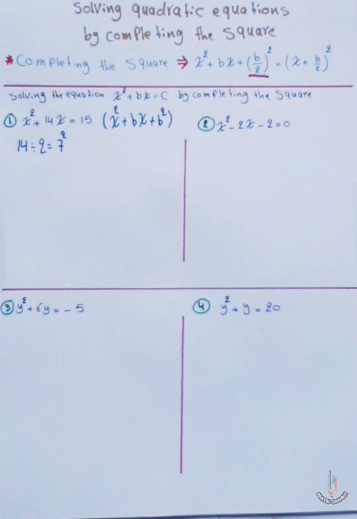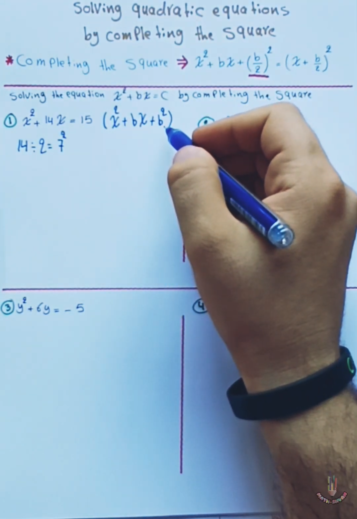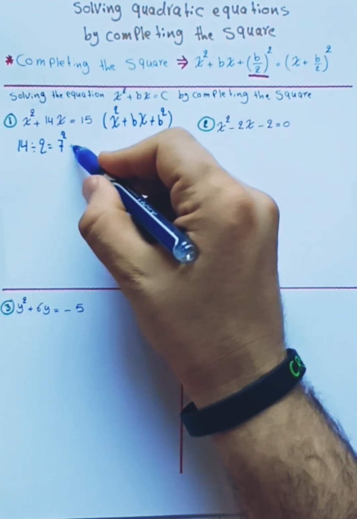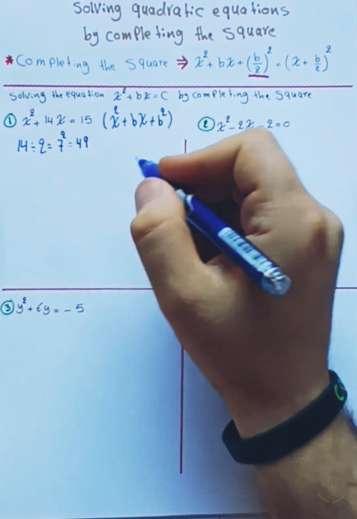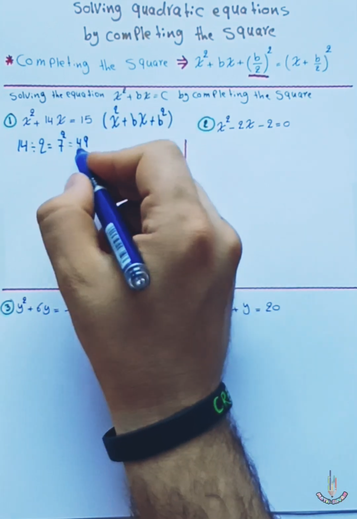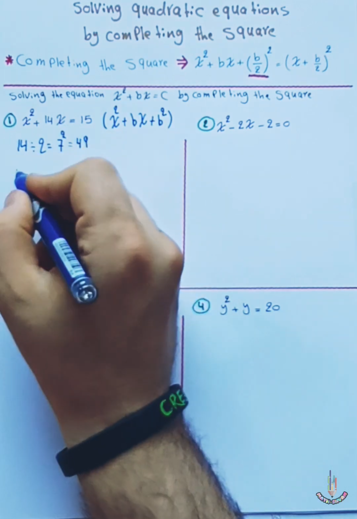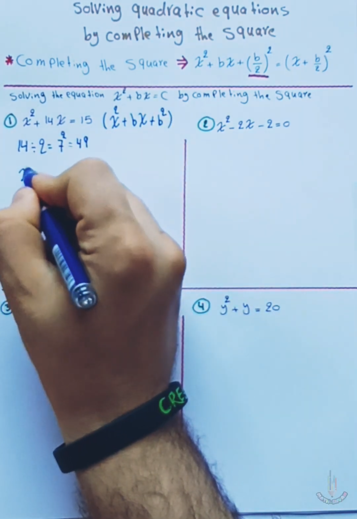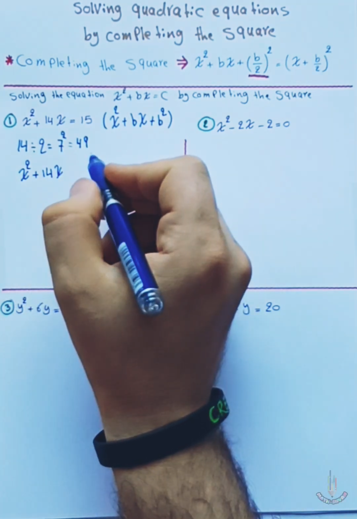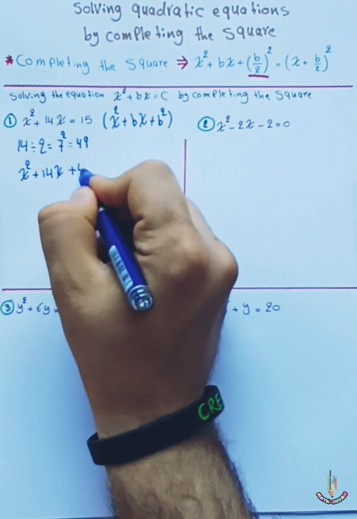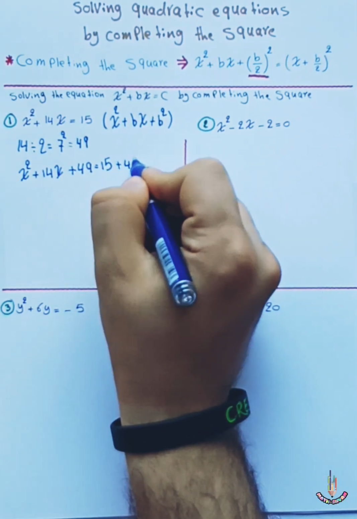So the value for the third term is 7 squared, and 7 squared equals 49. Then we have to add 49 to both sides of this equation. So we have x squared plus 14x plus 49 equals 15 plus 49.